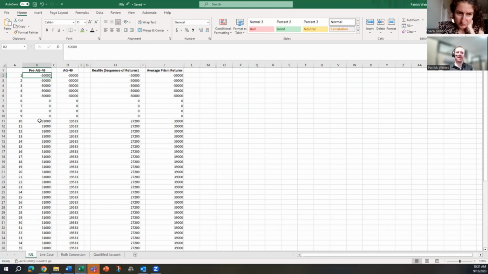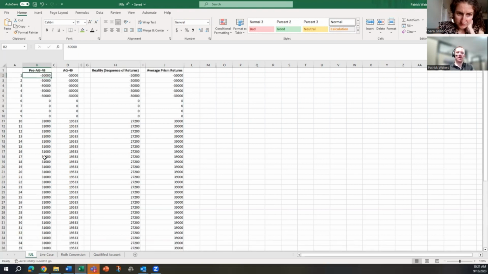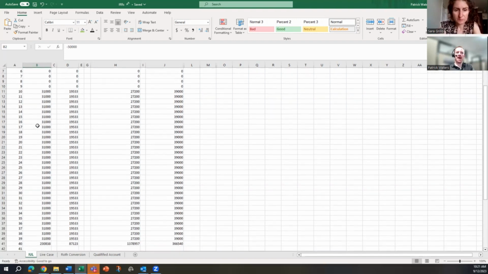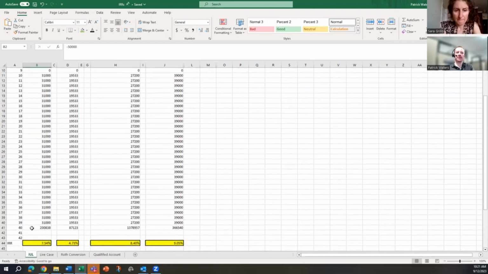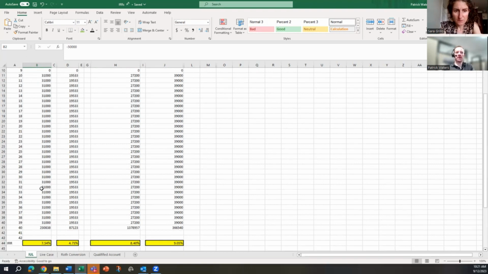We start taking out 31,000 from age 65 to 100. I'm doing my math here. I guess it looks like I got 30 years of distributions, so those would be from 65 to 95. We get $31,000 per year.